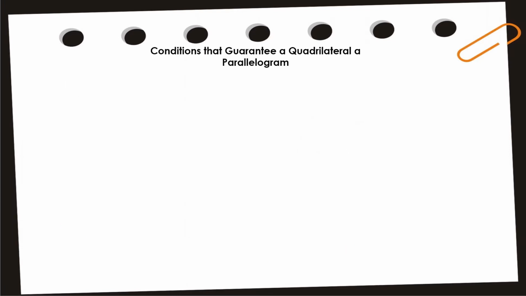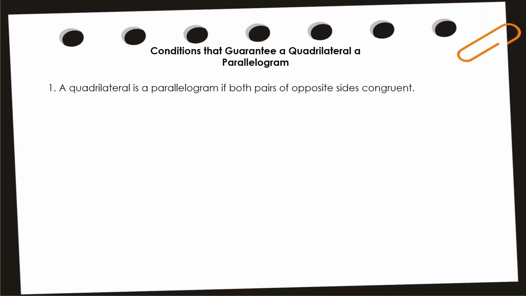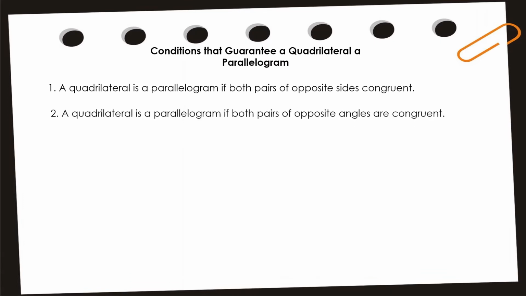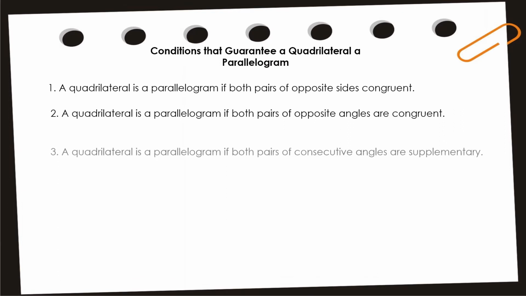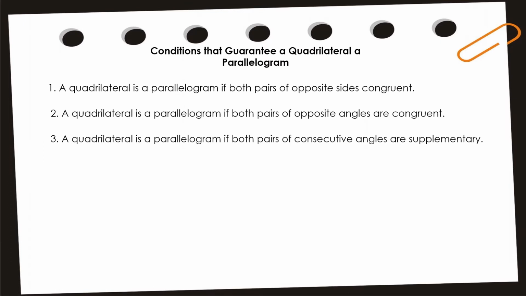Conditions that guarantee a quadrilateral a parallelogram. First condition, a quadrilateral is a parallelogram if both pairs of opposite sides are congruent. Next, if both pairs of opposite angles are congruent. Third, if both pairs of consecutive angles are supplementary.